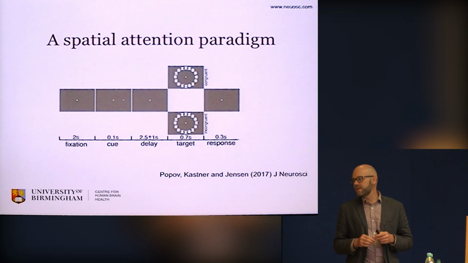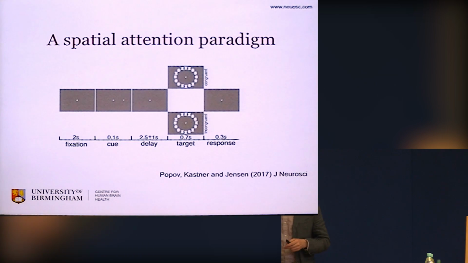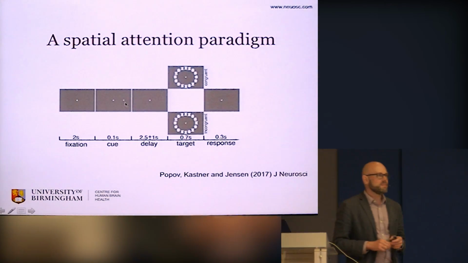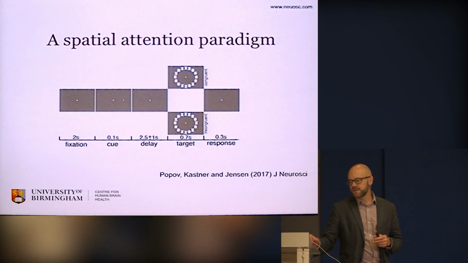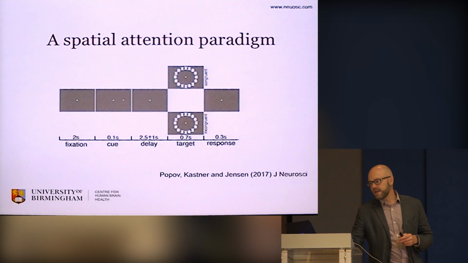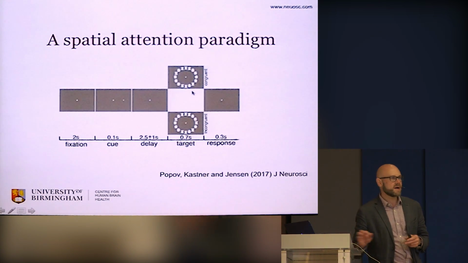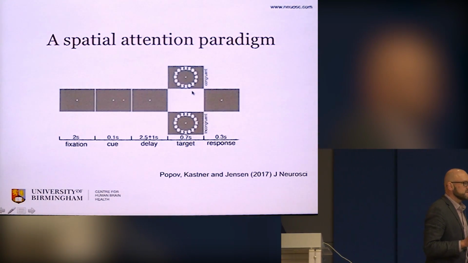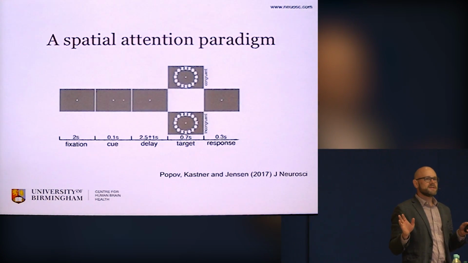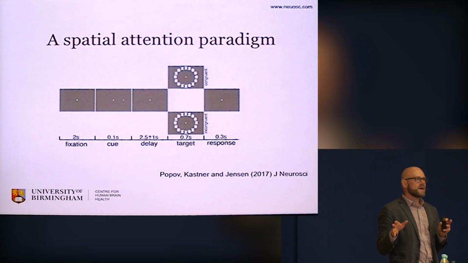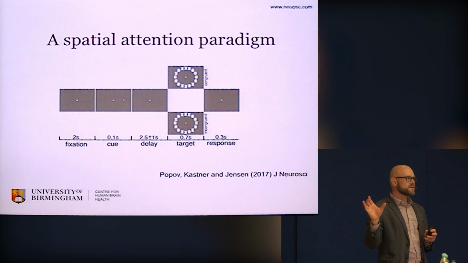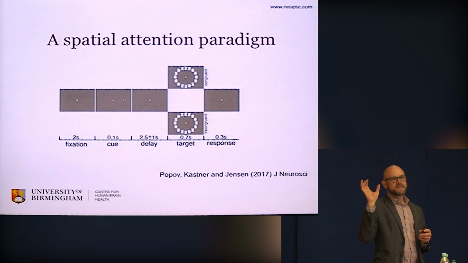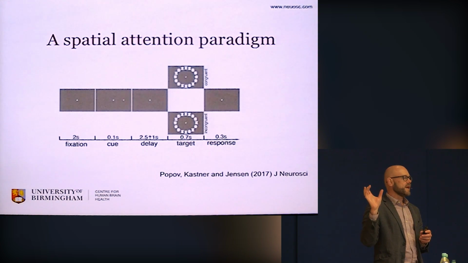There's a cue being presented first, and this cue just indicates to people that they have to attend to the right, to the location here at the right, and then a few seconds later there's a target array coming on. So this is a fairly complicated task, but all you should think about is that there are some instructions asking the subject to attend to a given location.